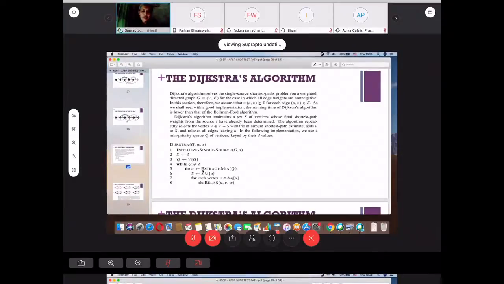I call the extract min procedure, and the argument is Q. It means extract the minimum value according to the shortest path estimate value.